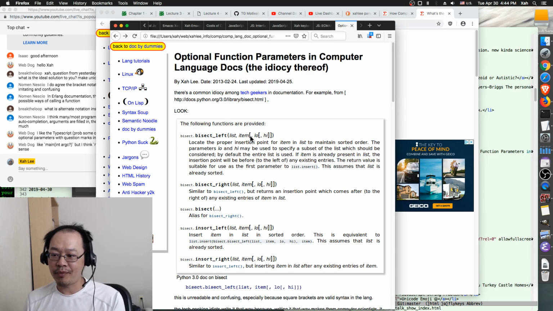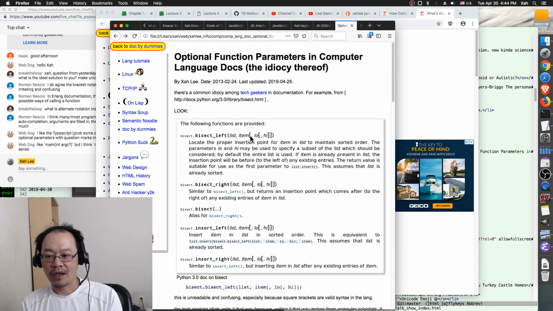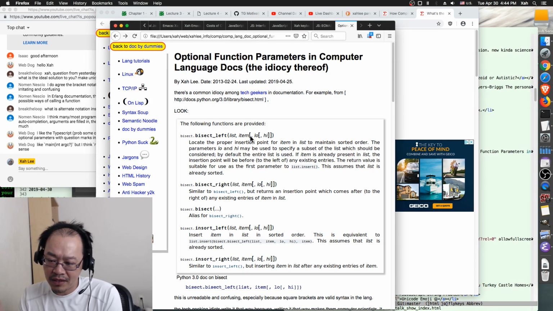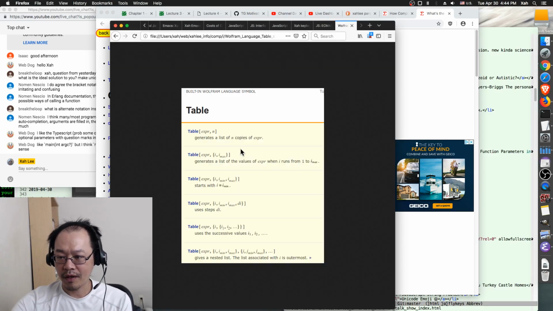So when you have a square bracket, maybe it means taking the index of an array or string, or it can also mean a hash table, but anyway, you know what I mean. It means something in a programming language. So it's very confusing. But okay, let's go back to Mathematica.